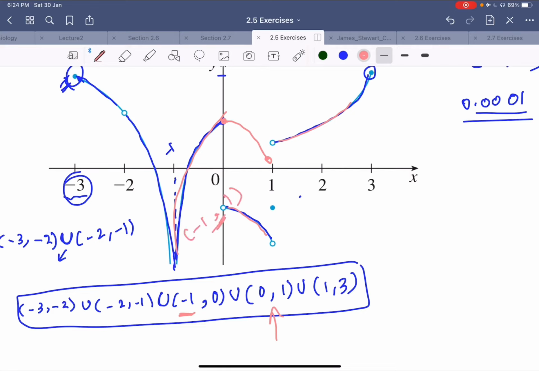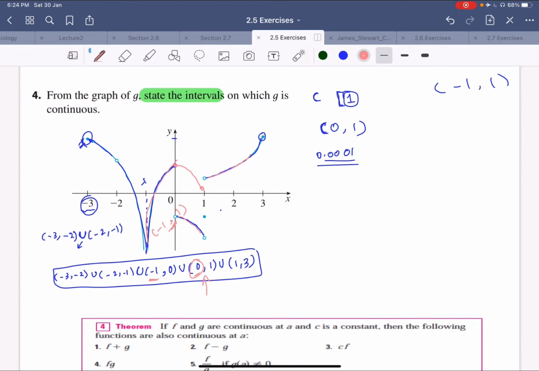So 0 included. بس هون عندنا برضو discontinuity and x equals 0. So the intervals in which g of x is continuous اللي هن هدول. أي قيمة بين 1 و 3 is continuous. 2 is continuous. 2.5 is continuous.